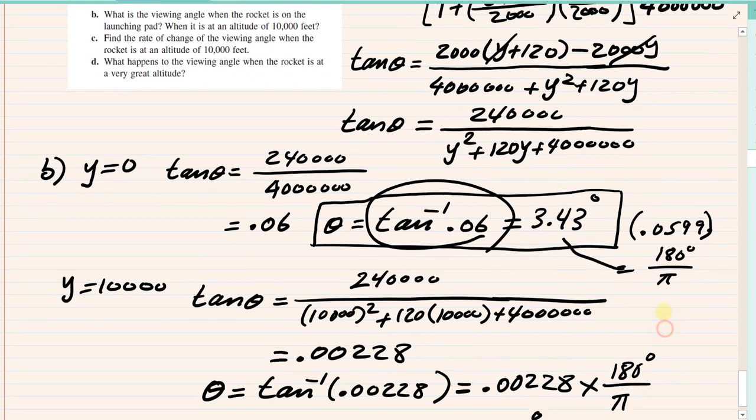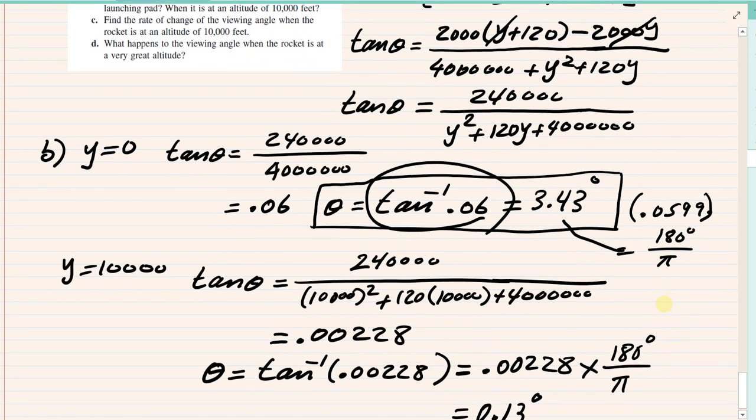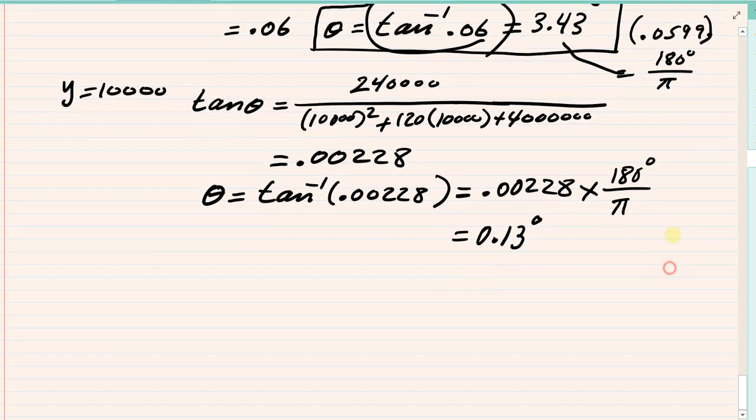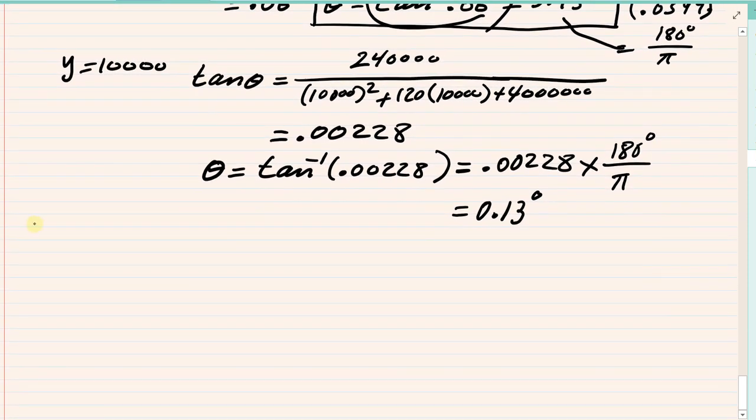So in part C now, it says find the rate of change of the viewing angle when the rocket is at an altitude of 10,000 feet. The rate of change of viewing angle. So that means we have to find the derivative, right? In part B, the derivative of tangent theta.